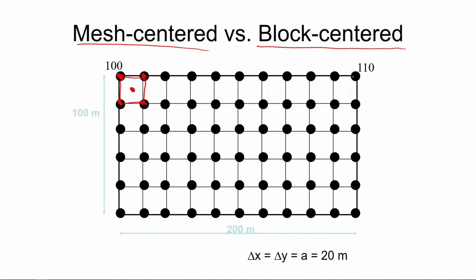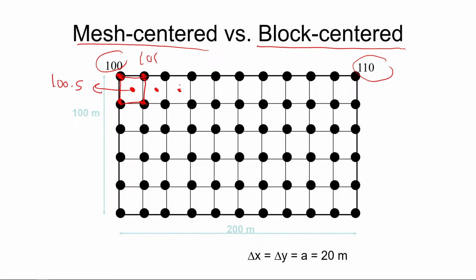So let's say here is 100 and here is 101. Then the head here would be 100.5. And then I calculate the head here and here.